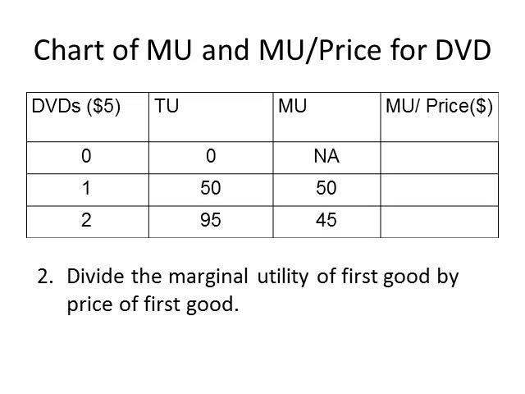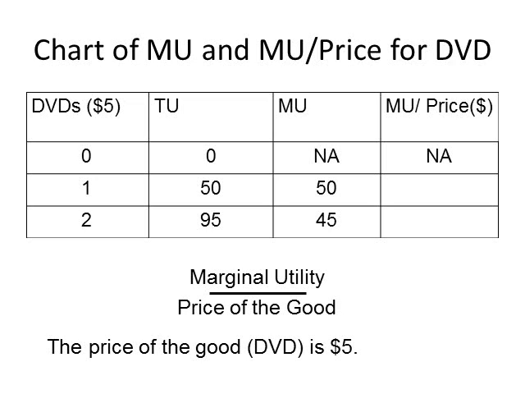The next step is to go through and divide the marginal utility of the first good by the price of the first good. Once again, our first row will have NA because we don't have a marginal utility to work with, and our formula is the marginal utility divided by the price of the good. Remember, the price of the DVD is $5. So we're going to substitute in $5 for the price of the DVD.